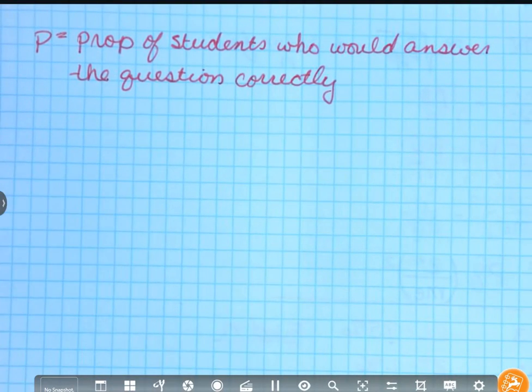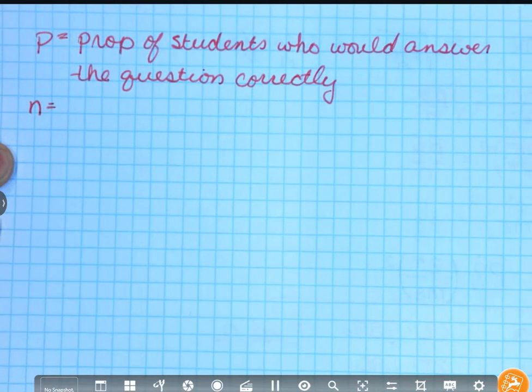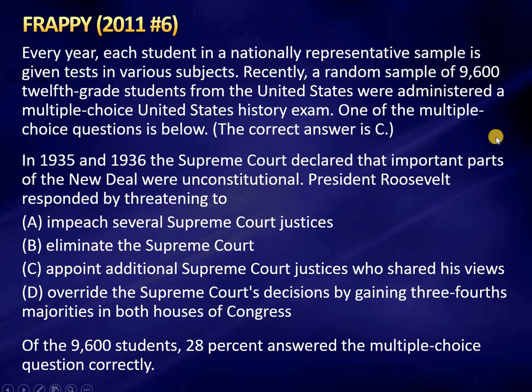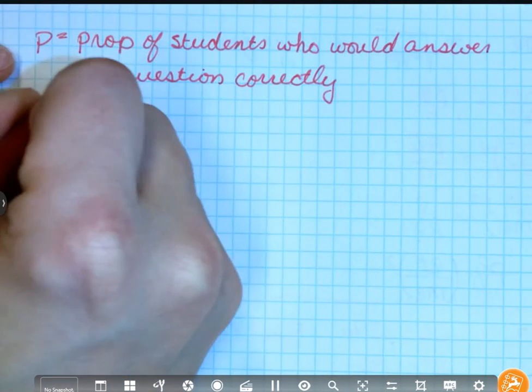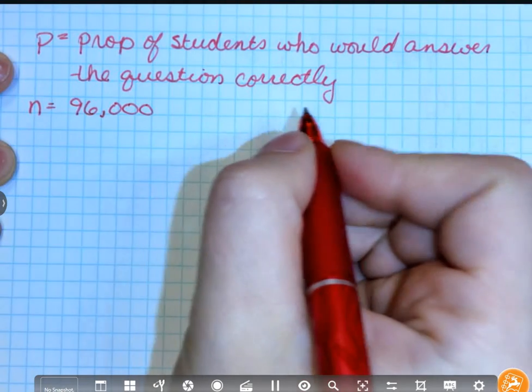That's my first piece. What comes next? N. So, what is N? 9,600 students. Do you see that all the way down here? Don't let the question itself overwhelm you is what I'm trying to get at.